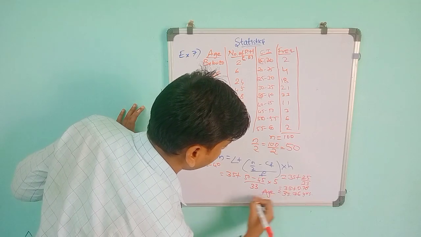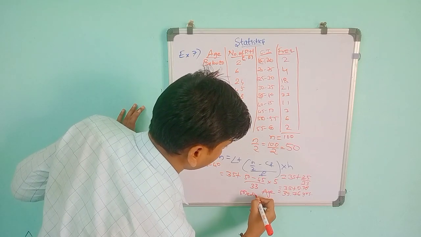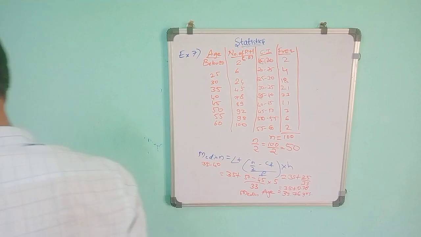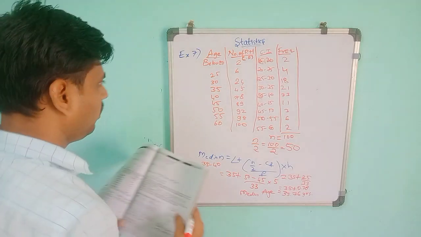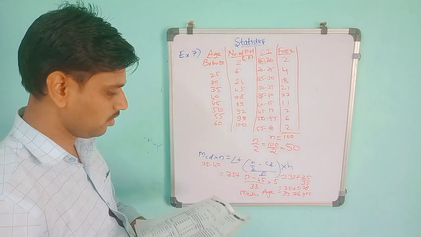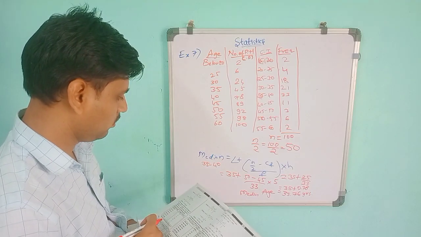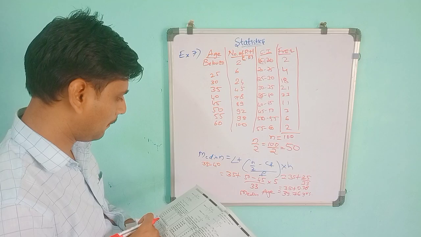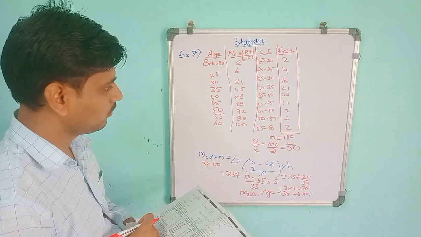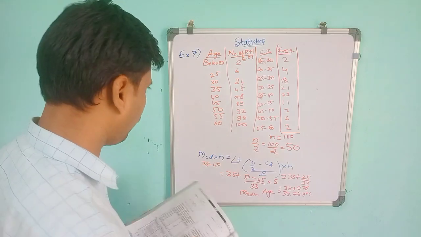The median age of the policyholders will be 35.76 years. Okay, next.